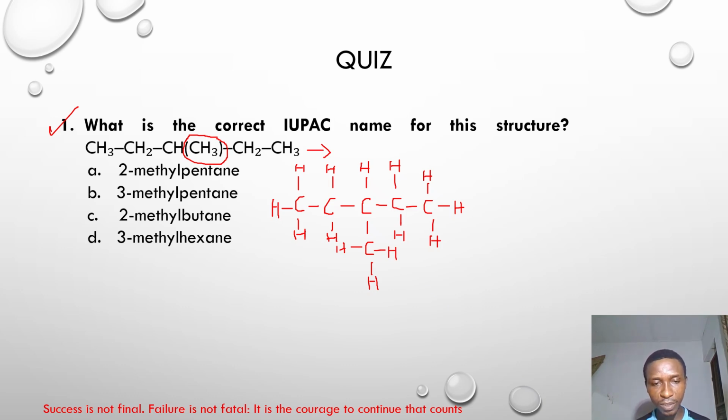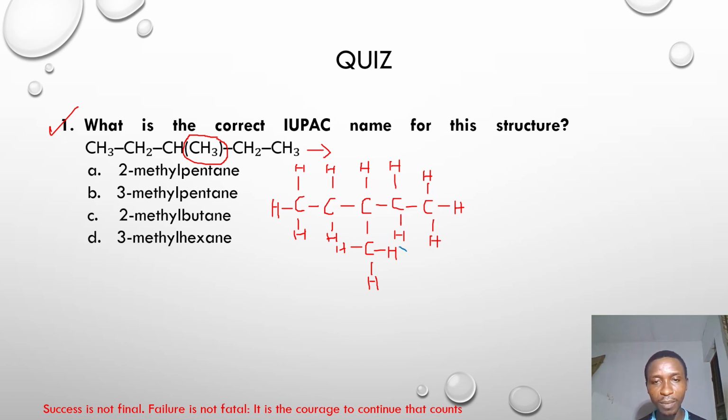So to name this, we first consider our parent carbon atoms, which is the longest linear chain. Sorry, I'm not supposed to start numbering now. We have to consider the branch chain.